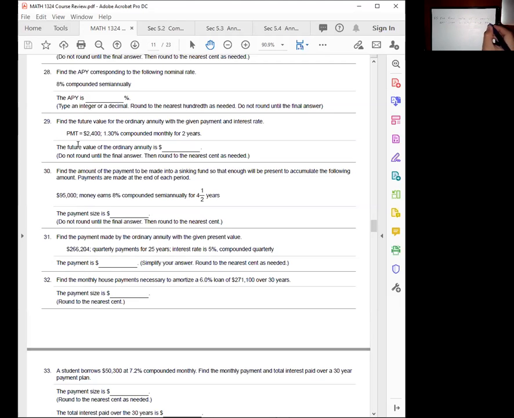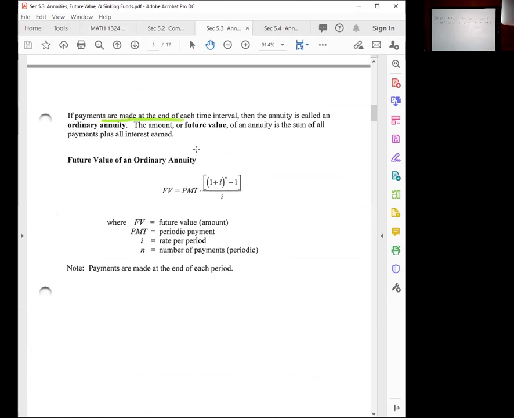Time is 2 years. Okay, got everything we need now. Go to the formula page and write the formula down. FV is equal to payment times all this weirdness: 1 plus I to the N, minus 1, over I.